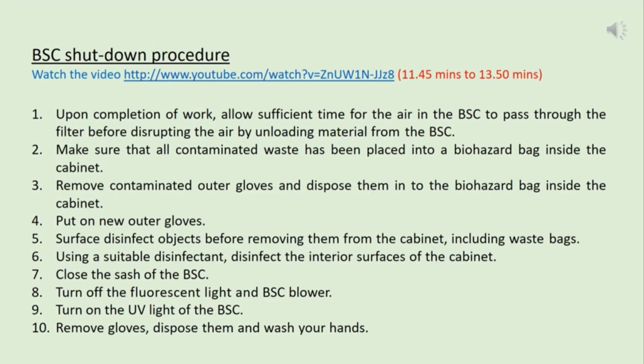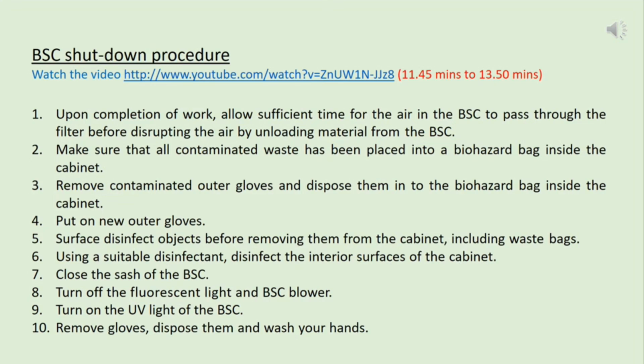First, when you have finished your work, you should let the air stabilize, because you have been moving a lot. Allow sufficient time for the air in the BSC to pass through the filters, so that you can contain and remove the aerosols. Then make sure that all the contaminated waste has been placed into a biohazard bag inside the cabinet.